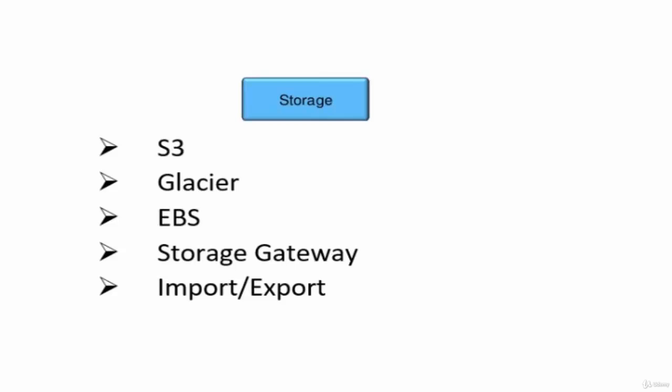Now the fifth component of storage is Import/Export. AWS Import/Export is a service that accelerates transferring large amounts of data into and out of AWS using physical storage appliances like portable storage devices, and this bypasses the internet. It transfers data directly onto and off storage devices you own using the Amazon high-speed internal network.